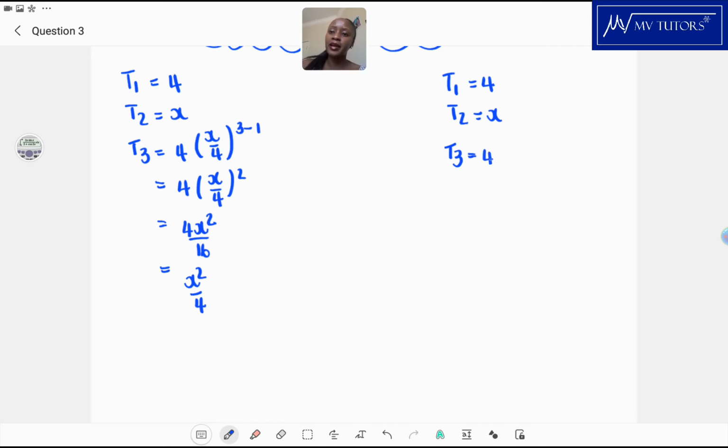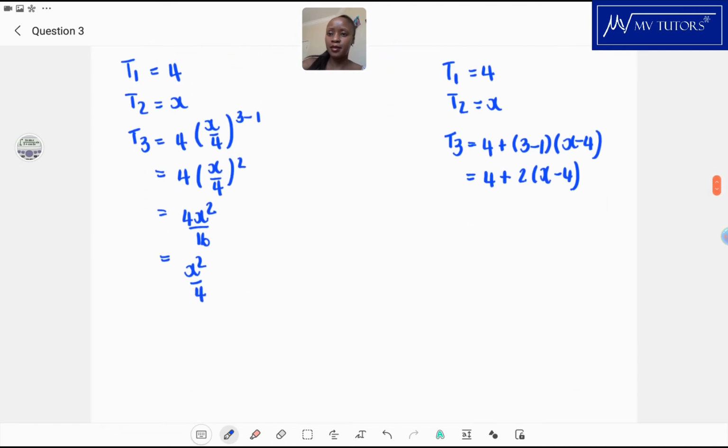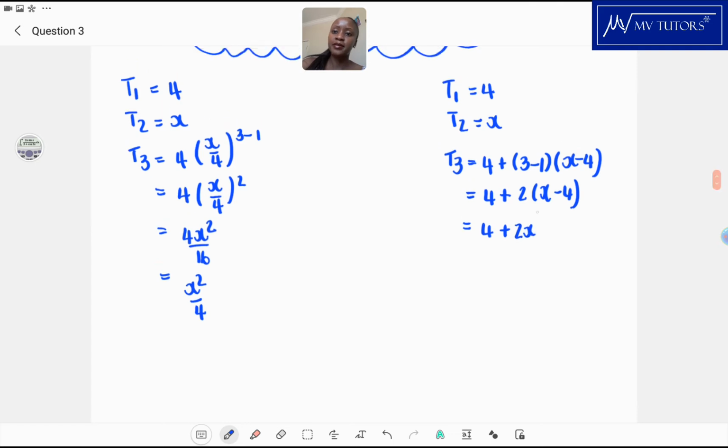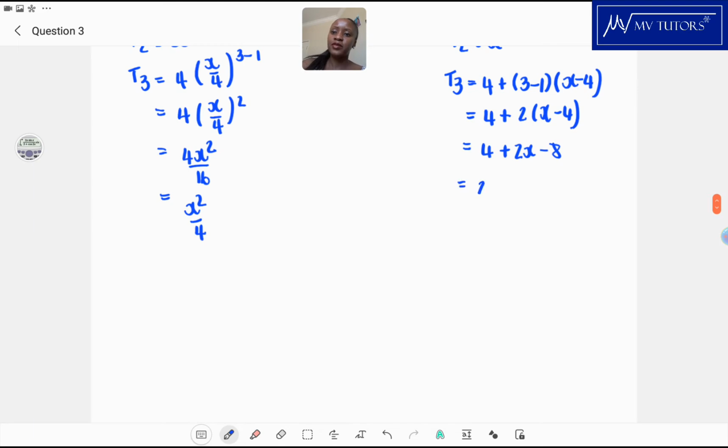I have a as 4, and my difference, let me just check again, is x minus 4. So I have 4 plus 3 minus 1, which is 2, times x minus 4, so 2x minus 8, then I have 2x minus 4.